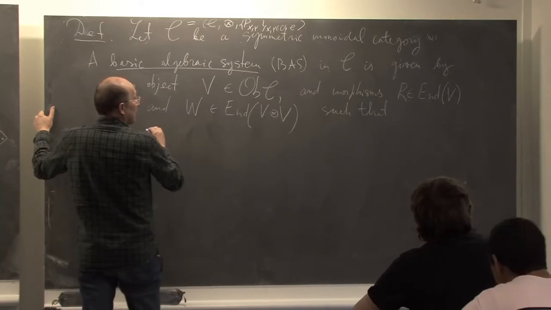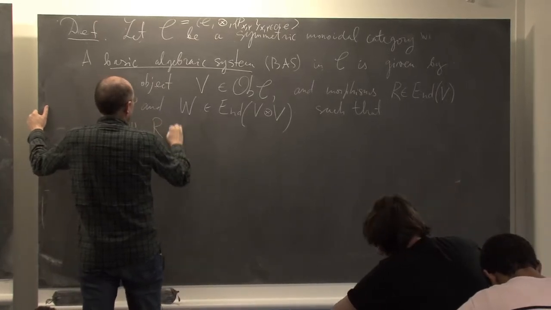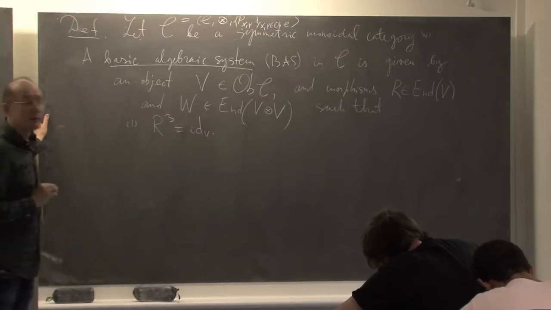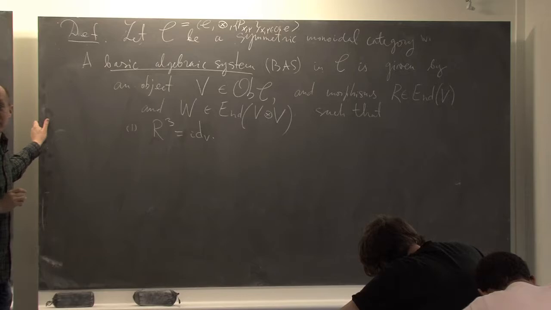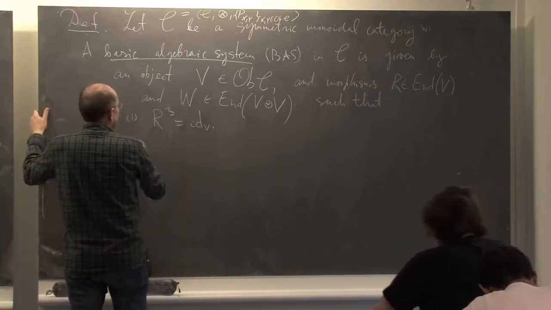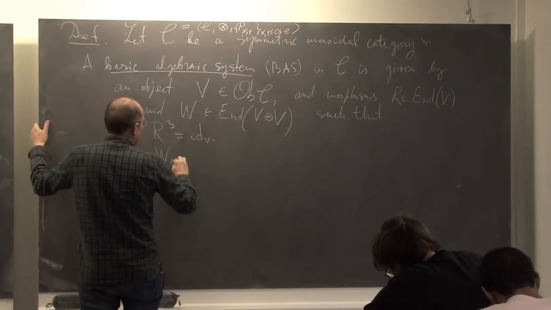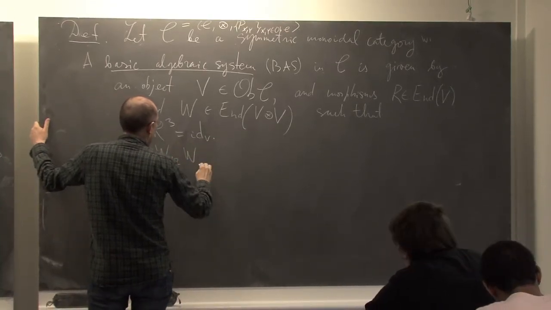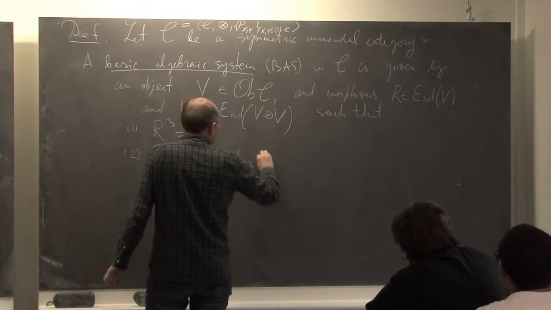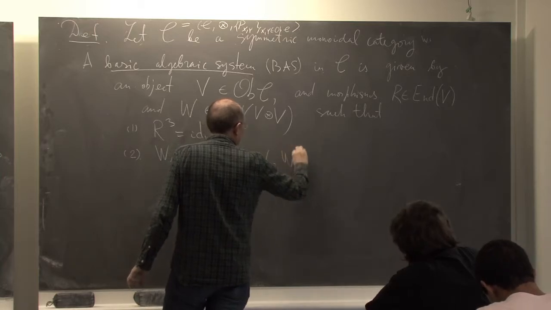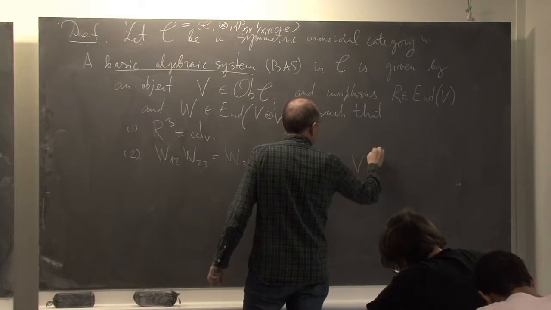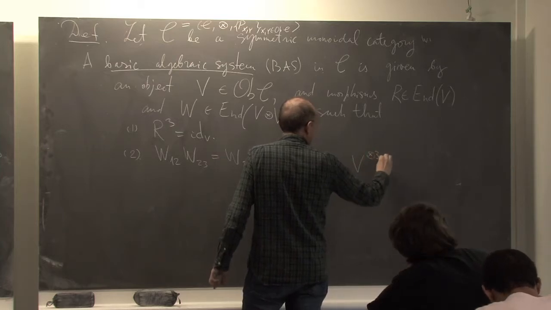So first of all, R should be of order 3. So that means that R will be playing the role of rho I at some moment. Second, W should verify the pentagon, which is W12, W23 equals W23, W13, W12. So this is in V tensor cube.